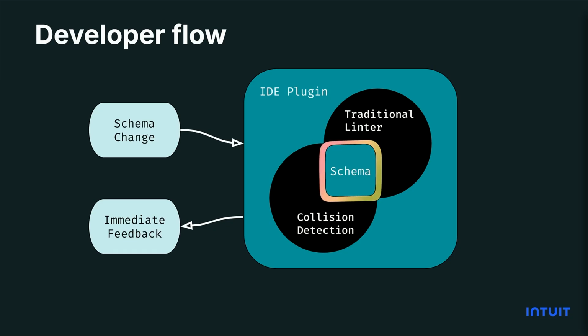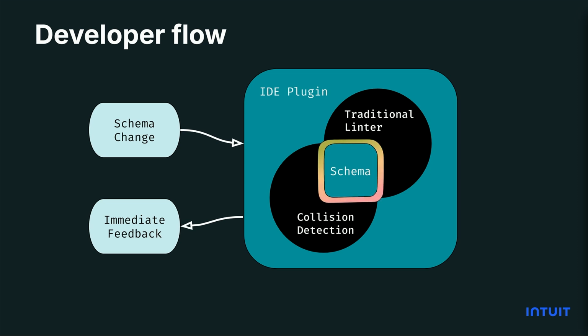Yeah, and going back, we have the second flow. We call it the developer flow, but it's mainly when you have ongoing schema changes, right? For this, we shifted left.